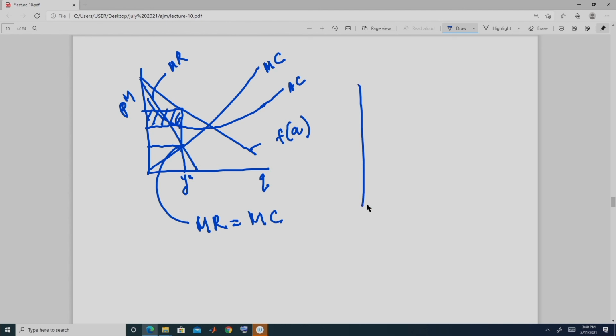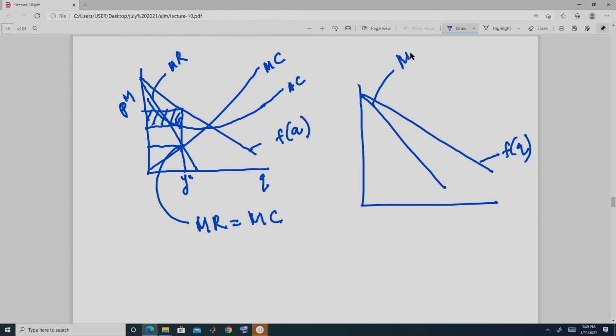Because if we take the same case here, this is market demand and this curve is marginal revenue, and this is marginal cost, and this is average cost.